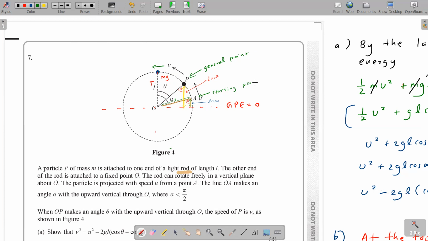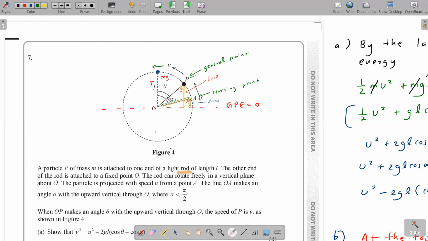That's something they gave you, and you can't change the starting point to anywhere you want and give u again. So alpha and u are fixed constant values. But P is a general point, and you can change this theta value and get the v value as you wish.